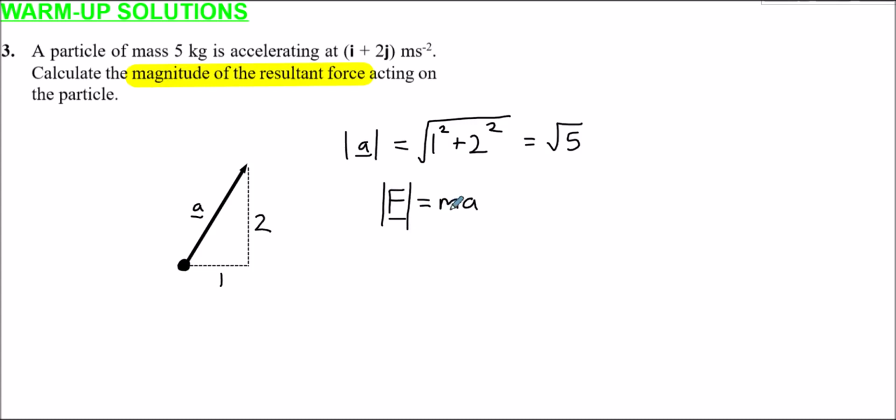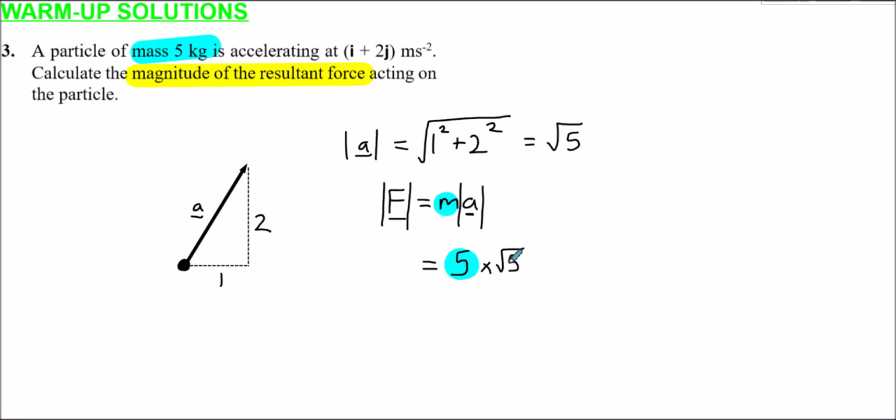And we can adapt F equals ma on the right-hand side as well, so that the a is actually like that. So the magnitude of the force is the mass multiplied by the magnitude of the acceleration. So the mass, we're told, is 5 kilograms, so we can add this in. And the magnitude of the acceleration we worked out to be root 5.